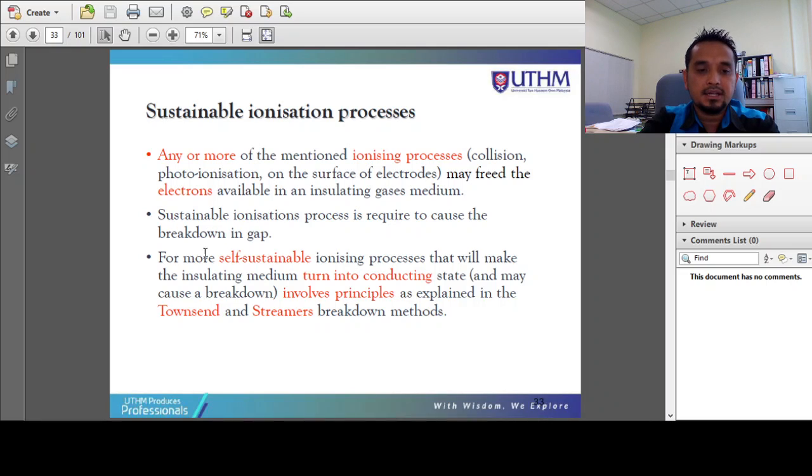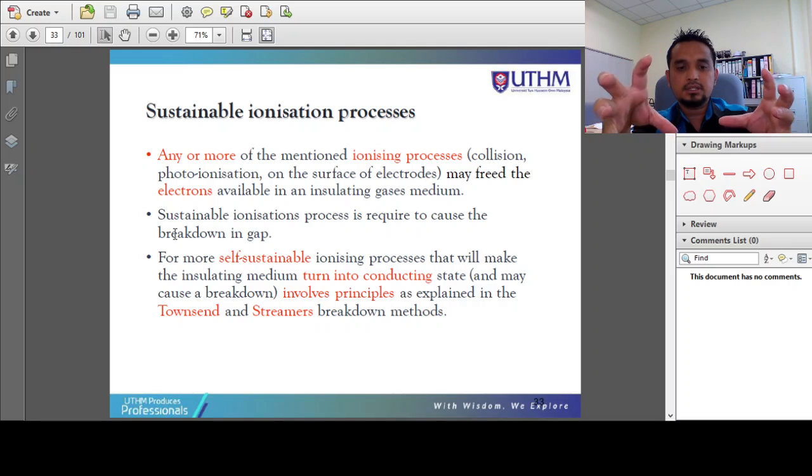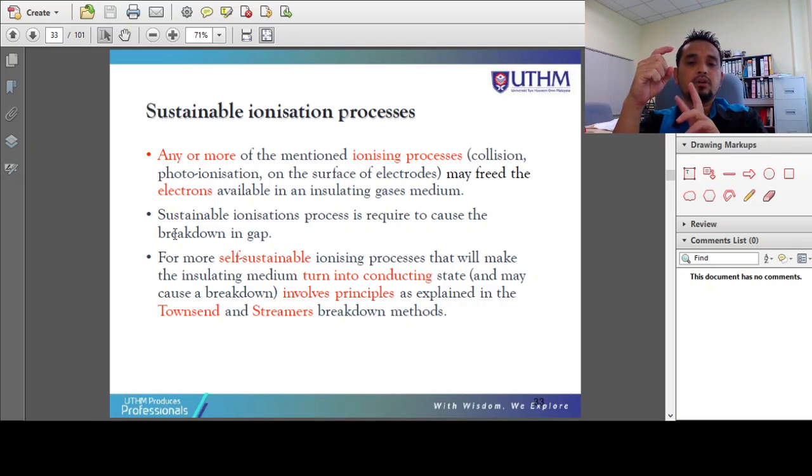The breakdown is what we call the total failure of the insulation. The ionization process is just the initiation of the breakdown, and the sustainable ionization process, the combination of collision, photoionization, and even the surface of the electrode, may eventually promote the total breakdown.